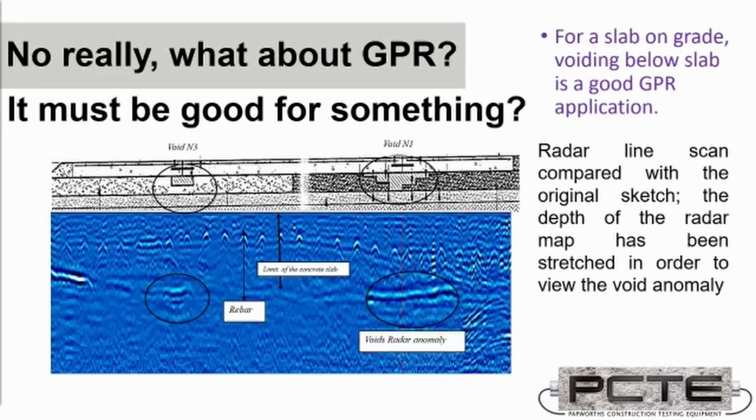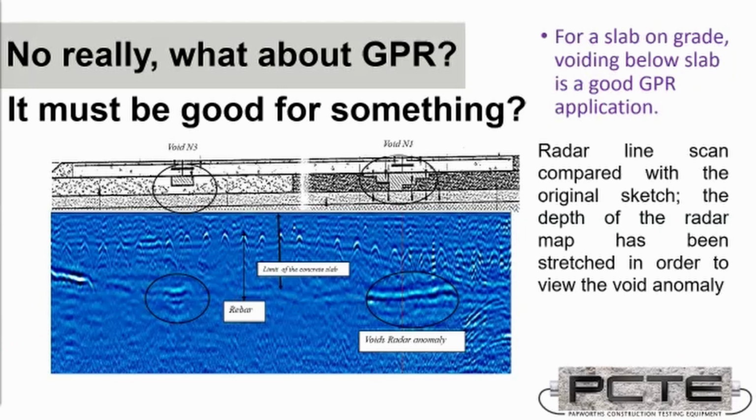A fairly common application for radar for void location is specifically voids underneath a slab. So in this example, rather than looking at what's happening up at the level of our reinforcing, we're now looking at the reflections from the bottom of a slab on ground, and cast in place have been some polystyrene voids to simulate lack of support. The signal from these voids is quite a bit stronger than the same signal from the reflections from the bottom of that slab.